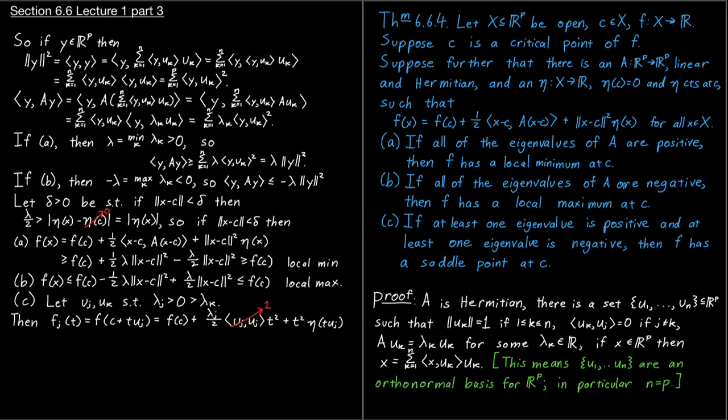And as before, fj has a local minimum at t equals 0. Same argument, fk has a local maximum.